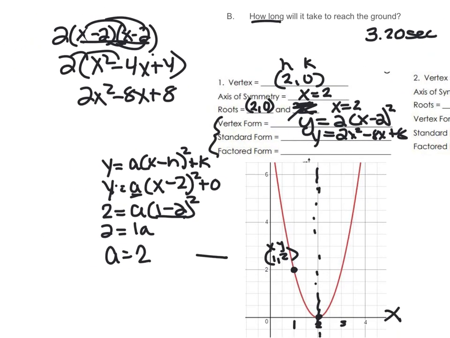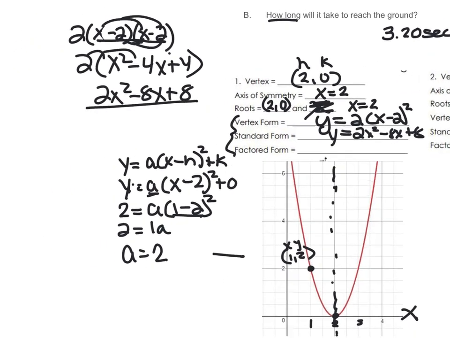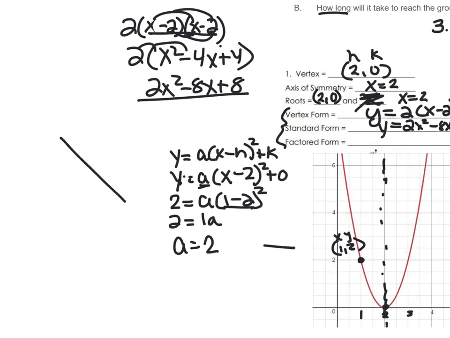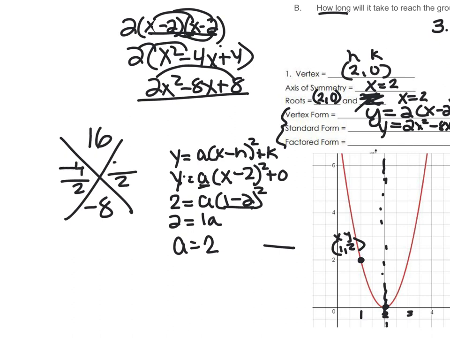All right, factored form. So I need to factor this. So the factors, 2 times 8 is 16, that add up to negative 8. We're dividing by a. So negative 4 times negative 4 is positive 16, and negative 4 plus negative 4 is negative 8. So those will work.